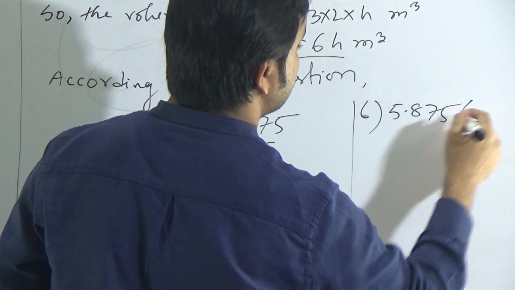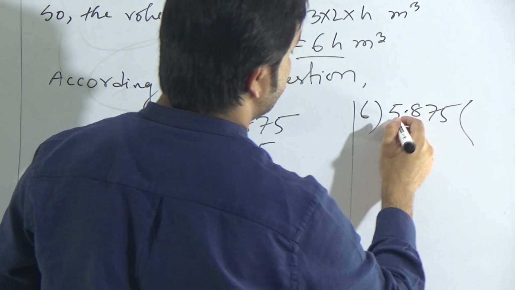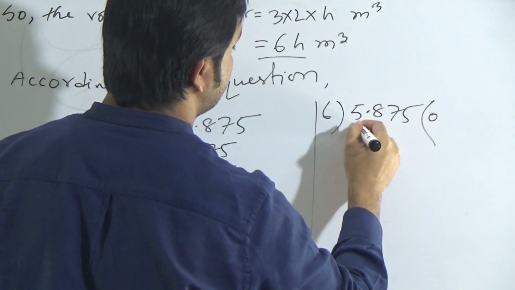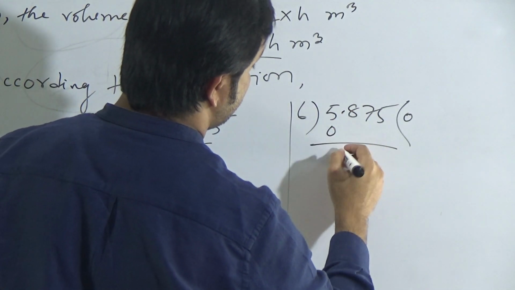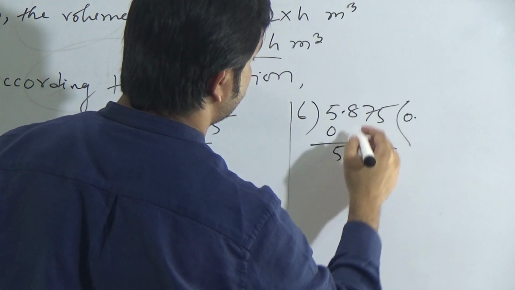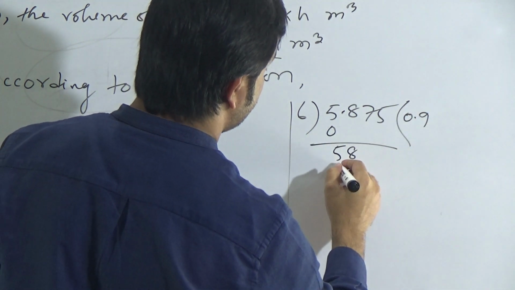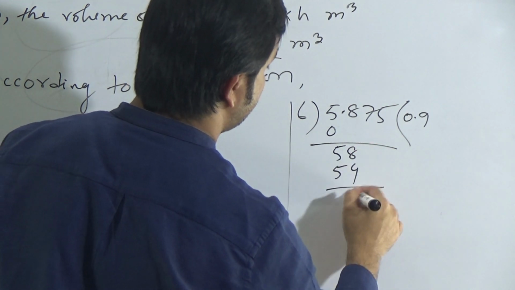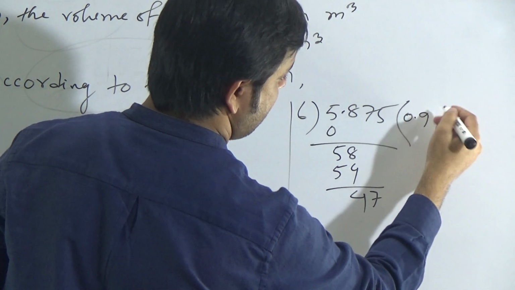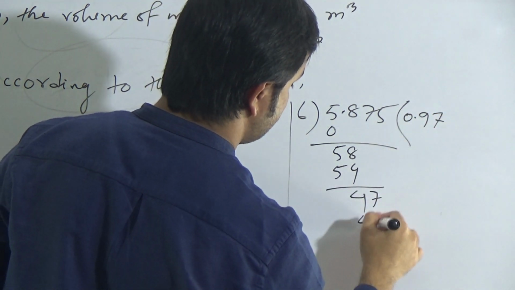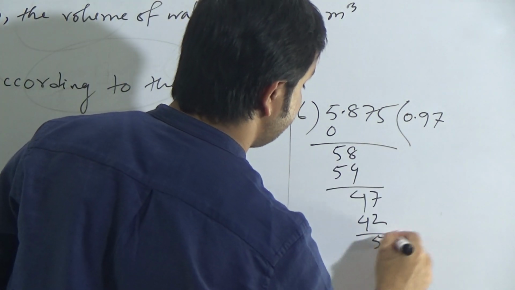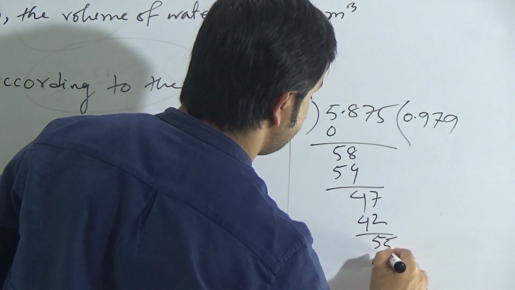5.875. At first here 5 is less than 6, so we take 0 times, 0. Now we have to consider the decimal, here is 5, here is 8, 58, 9 times is 54, then 4 left, 7, 7 times is 42, 5 left, take 5, 55, again 9 times is 54.